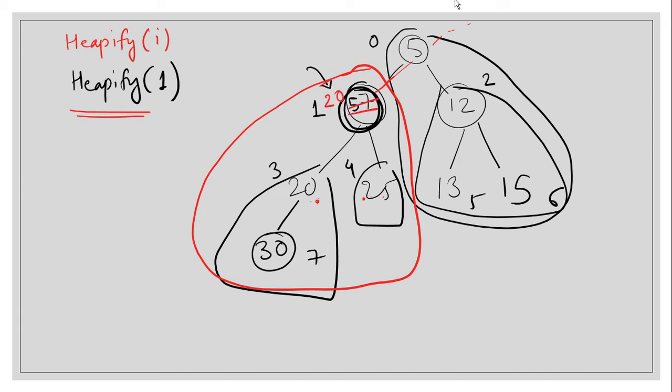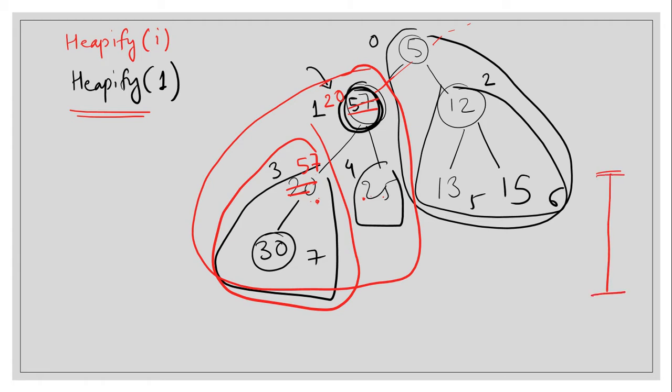So now it has 20 and here we have 57. Now it's valid. Now this part is the only concerned part. So we have reduced the height of the unbalanced heap, or the subtree violating the heap property, by 1. So one level we have reduced.